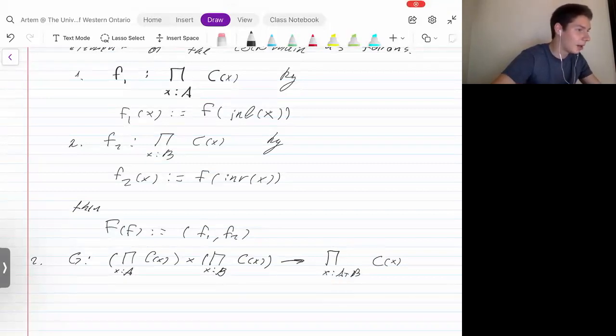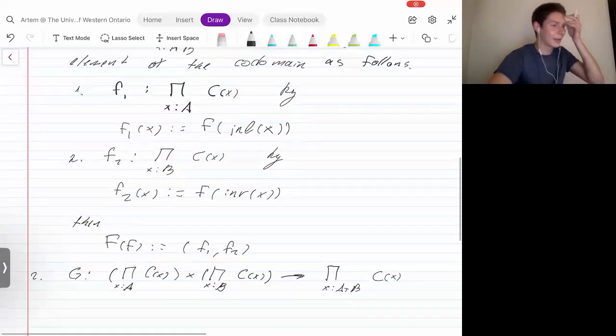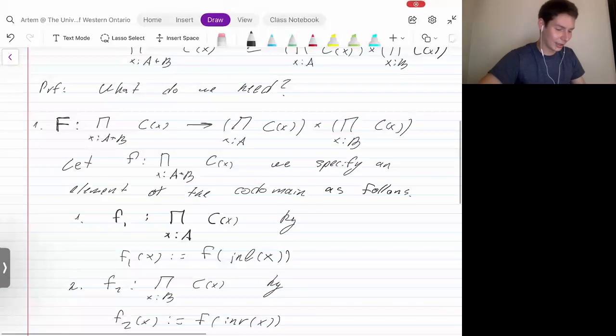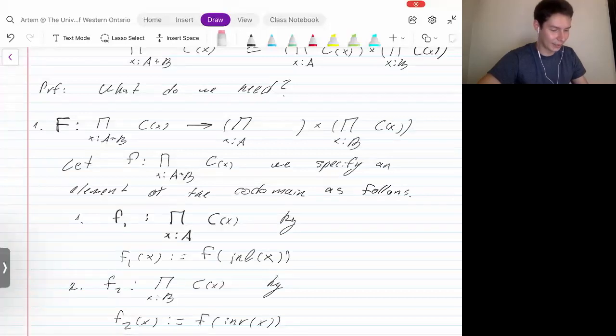It's basically written in the solution. What you basically need to do is, I don't want to keep this black boxed, so let's instead write this as C of inl x and C of inr x.